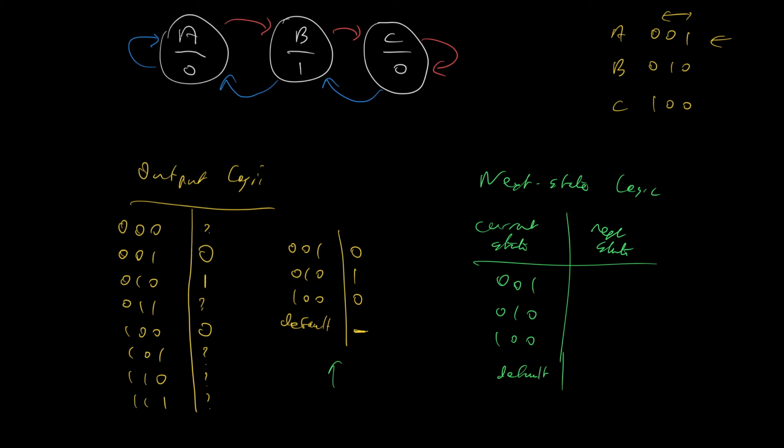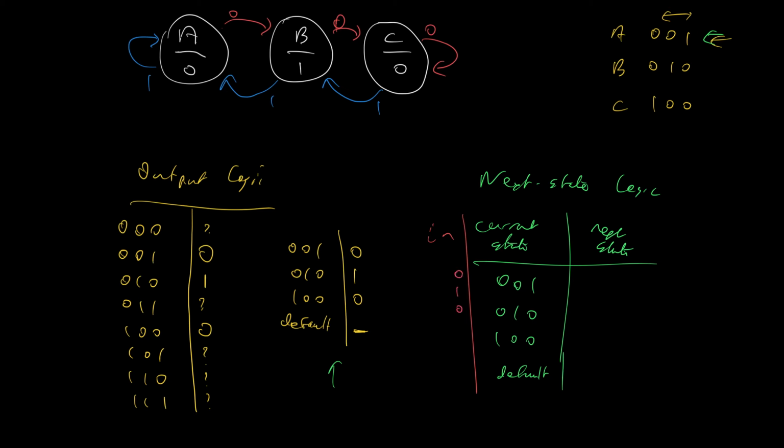If the current state is 0, 0, 1, then from our state representation, that means I'm in state A. Then to compute the next state, I also need to know the input. So I can add an extra column here for the input, in. For state 0, 0, 1, I can either have an input of 0 or 1. Let me make this 0, and let me make the blue ones a 1.